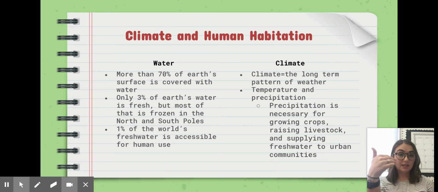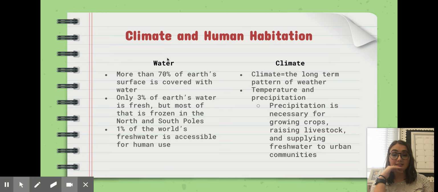Climate. Climate is the long-term pattern of weather. So temperature and precipitation, or precipitation is like rain or snow. Those two things are the main determinants of climate. And precipitation is necessary for growing crops, raising livestock, and supplying fresh water to urban communities.